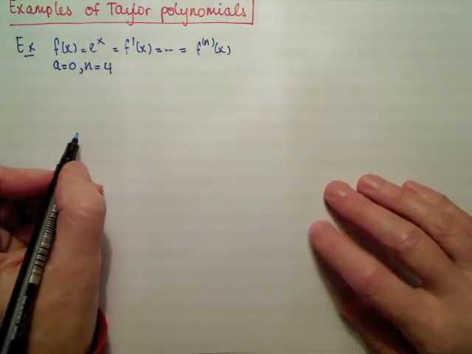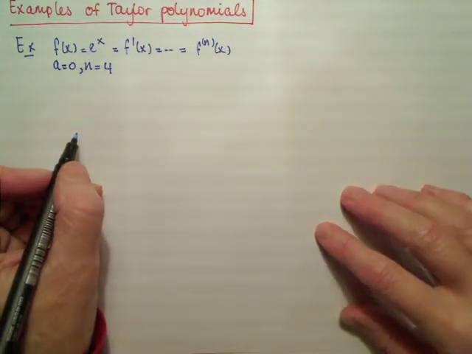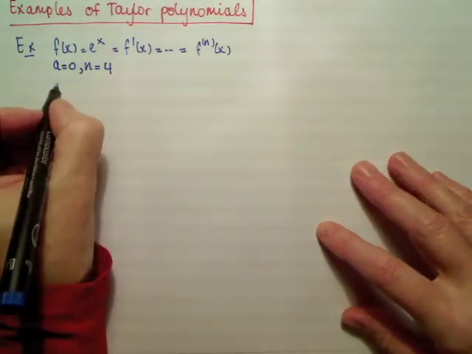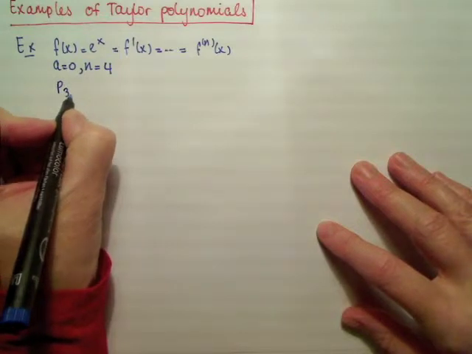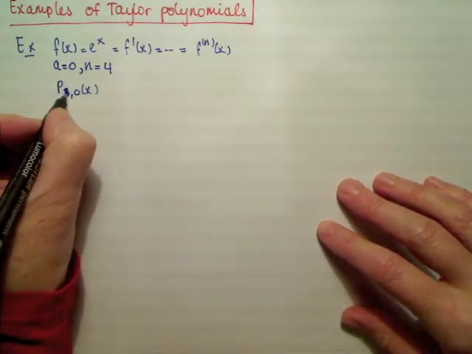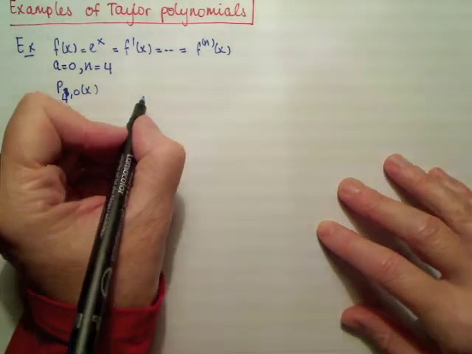So plugging in, determining the fourth order Taylor polynomial is quite easy. So let us do so. Okay, we wanted to do the fourth order. What do we get?